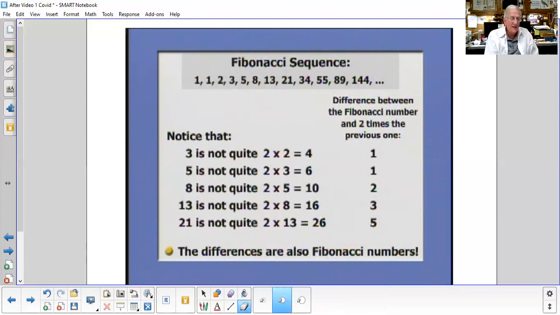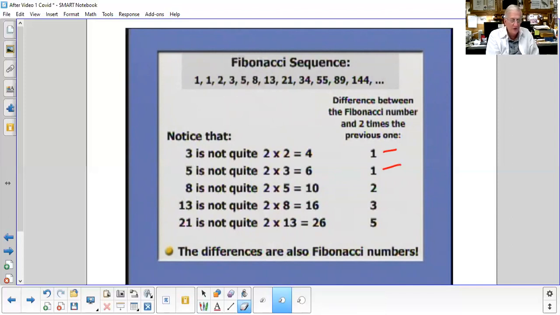Okay, let me erase those so that we don't get confused here. If I go to the number 5, which is the next number here, I look at the number before it, it's a 3. If I double 3, that is a 6. And of course, 5 and 6 are only 1 apart from each other. So notice I have 1 here and 1 here. Let me erase this again so I don't confuse this.